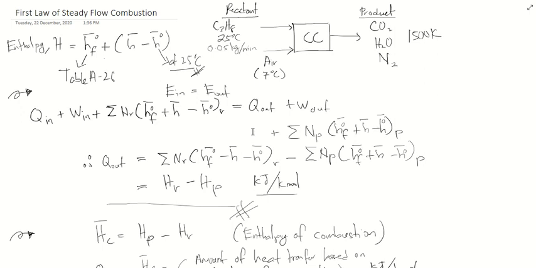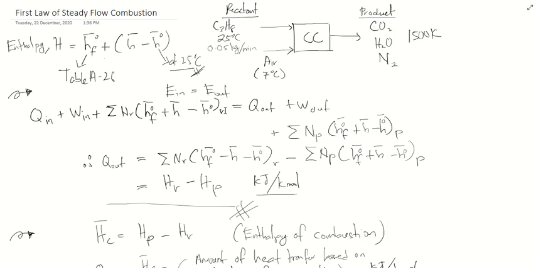Okay, next we determine Q out. From the energy equation, E in equals E out, right? So we have the Q in into the combustion chamber, work in, and then we have Q out and work out, plus the energy due to the enthalpy of the chemical composition.